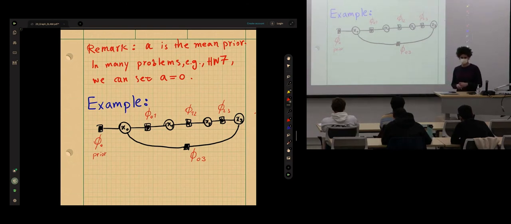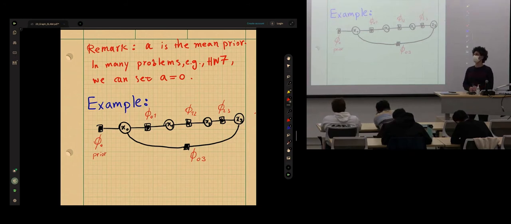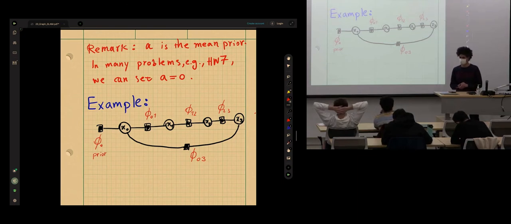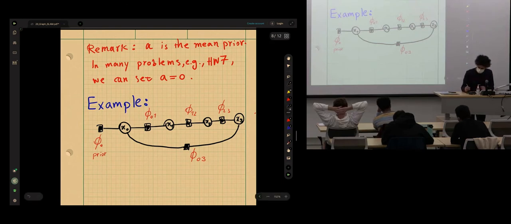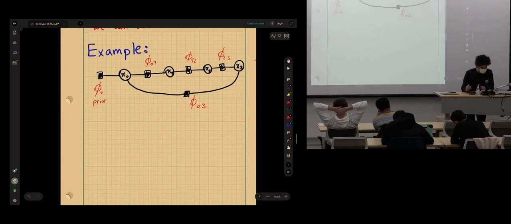I'm not changing the notation. That means this is the same type of measurement model. For example, it's a pose graph that we had. All of these models are relative poses. So let's make our way up to the least squares problem first.